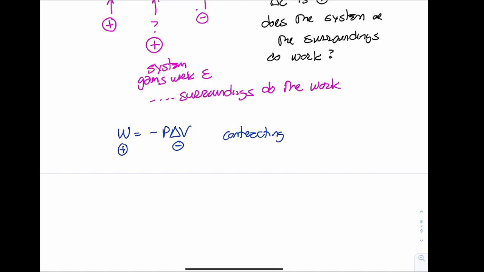If my system was pushing out, it's doing the work and it would expand, right? It's getting bigger. If my system's contracting, what that means is that the surroundings are pushing on it, right? Something's making it get smaller. So because it's contracting, my surroundings are pushing on it, my surroundings are doing the work, right? If it's expanding, then it's pushing out on the surroundings, it's doing the work. So contracting, surroundings do the work, expanding, the system does the work.